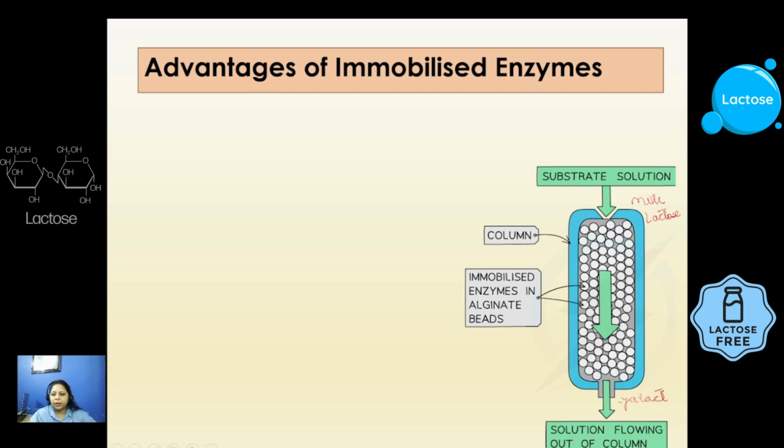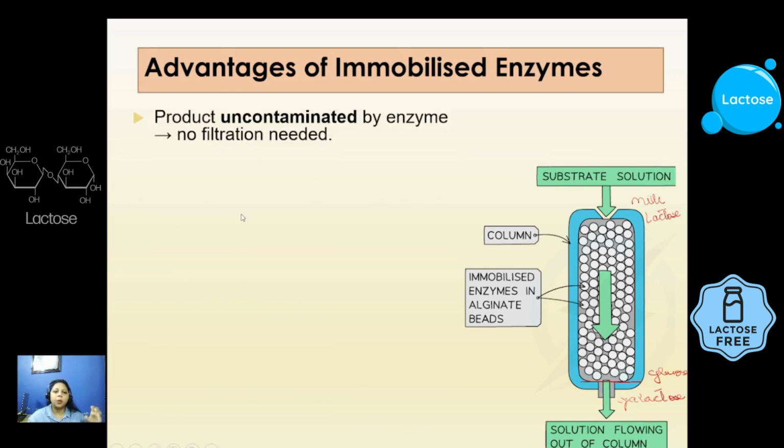So we have galactose and we have glucose. Now this means the lactose is broken down. These do not need to be removed because they are already present in some other form. So this is the main advantage of the immobilized one.